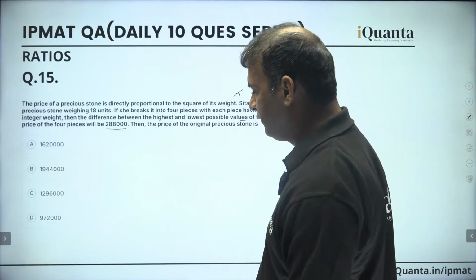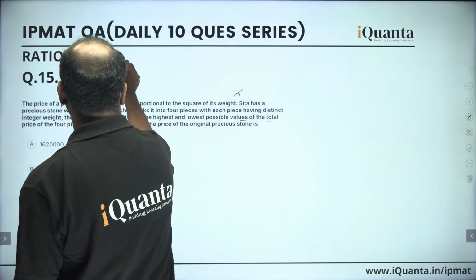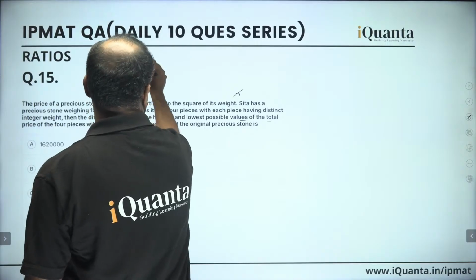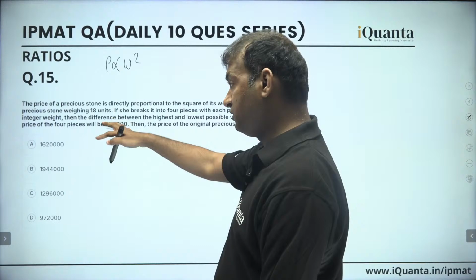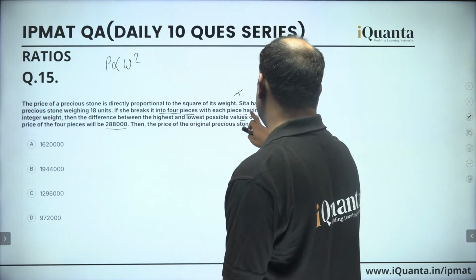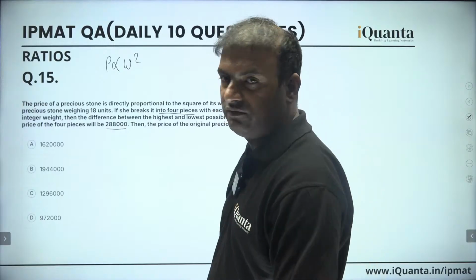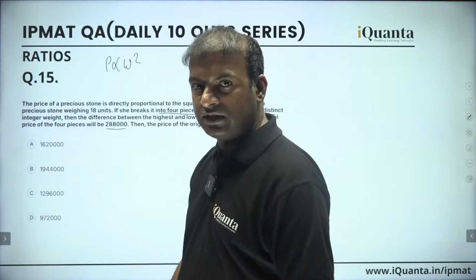First thing, we are given that price is directly proportional to the square of the weight. Sita has a precious stone weighing 18 units. Now if she breaks it into 4 pieces with each piece having distinct integer weight, this is very important, each piece should have a distinct integer weight.